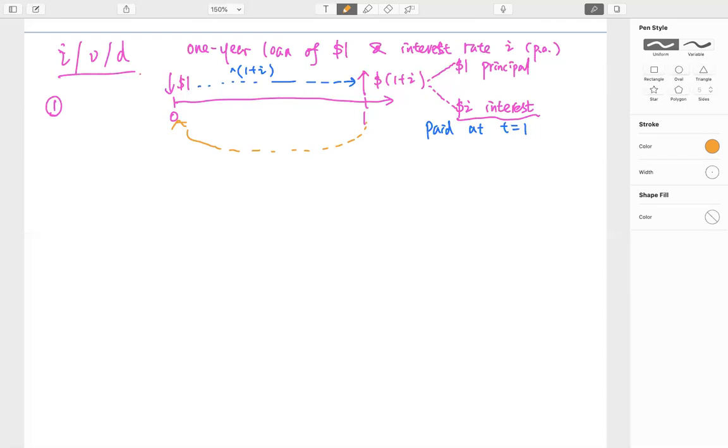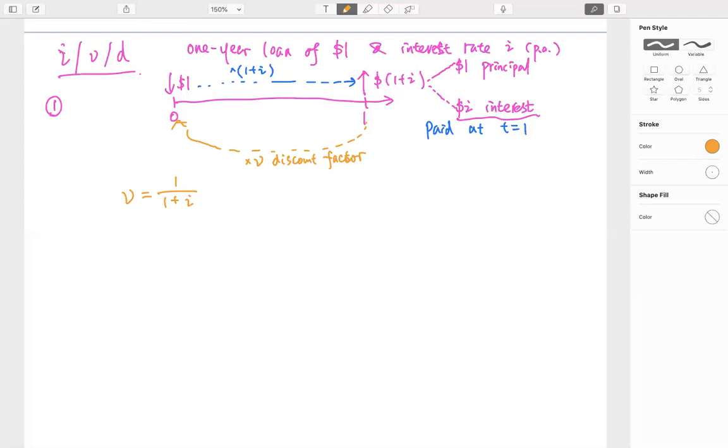If I want to go backwards, I need to multiply by the discount factor. Obviously, $1 at time 0 is equivalent to 1 plus i at time 1, so according to this it should be exactly $1 at time 0. So I know my v will be 1 divided by 1 plus i. That's how I go from future to present.